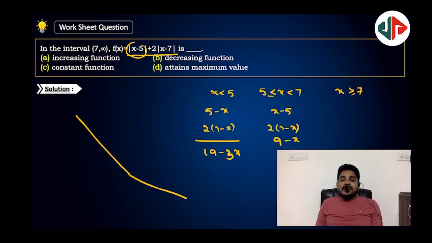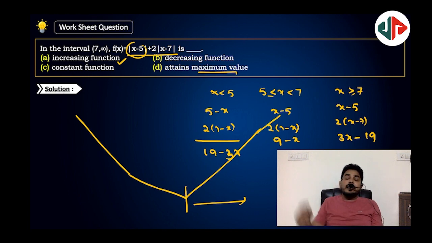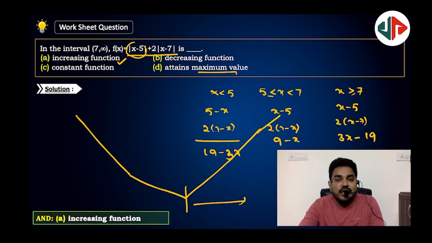For x greater than 7, this is x minus 5 plus 2 times x minus 7, so this is 3x minus 19. So in the interval 7 to infinity, it is an increasing function. Do you get any maximum value? No, it keeps on increasing. So it's an increasing function.